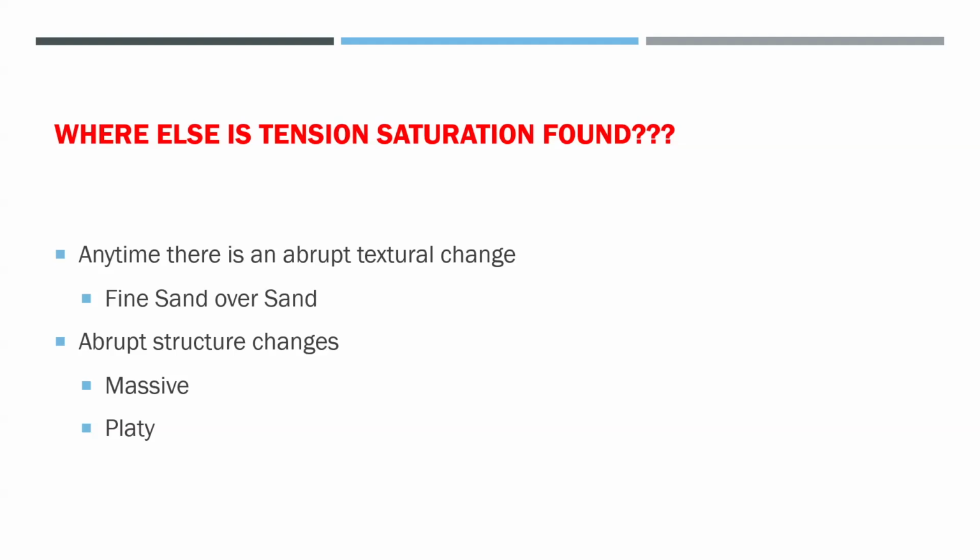It's just because of loss of structure or a very fine sand over a medium sand. It has just got enough of a textural change that it's causing some issues. The trick is making sure it is tension saturation, and you have to justify it, not just say, just a little bit, we're going to ignore it. Because if you're in coarse sand, how much iron do you have? Are you going to be able to see redox in coarse sand?